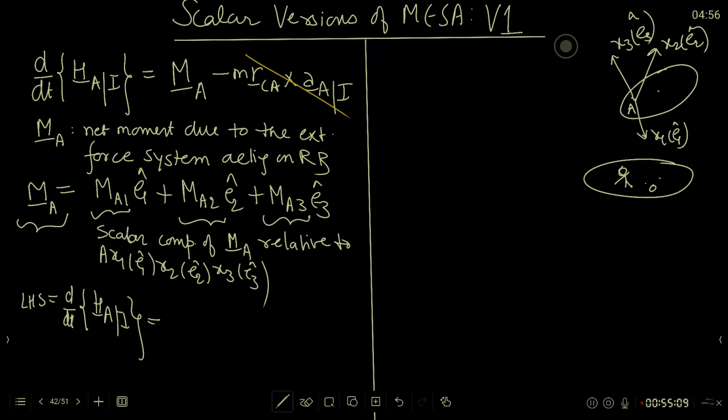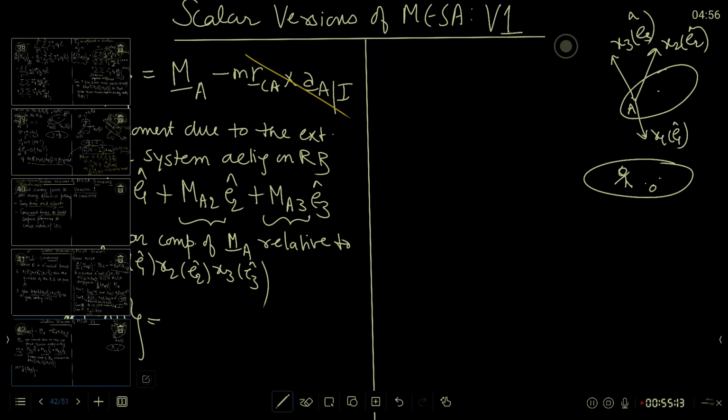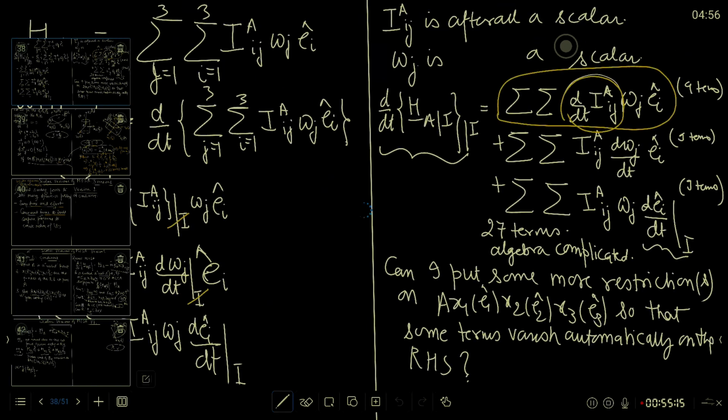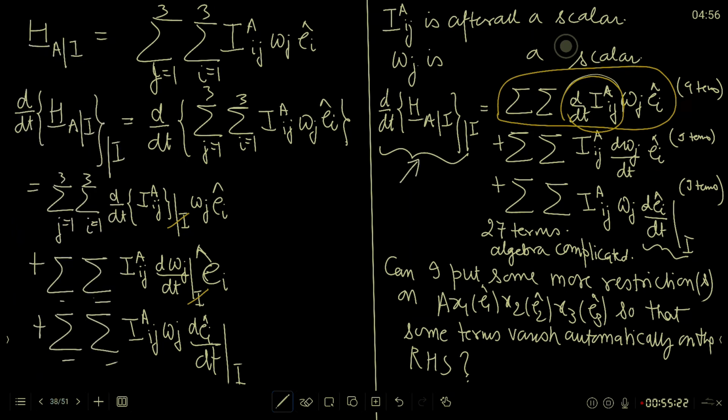And I go back here, right? I said that in general d/dt of H_A/I will have 27 terms.